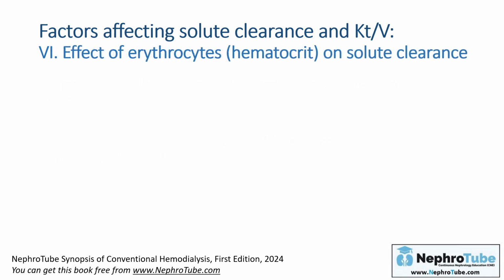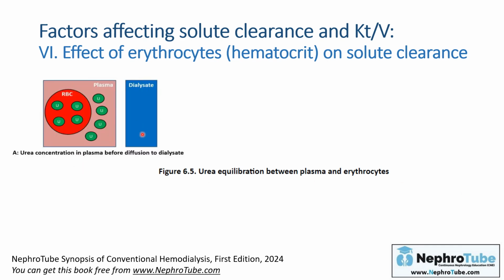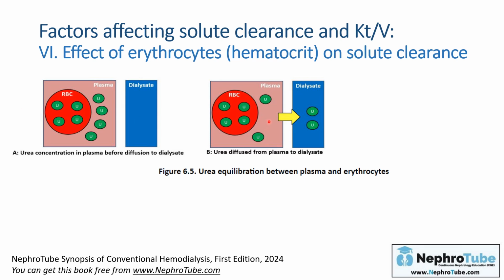The next and important point that can affect solute clearance is the effect of erythrocytes or hematocrit on solute clearance. Let's talk about urea equilibration between plasma and the erythrocyte during the hemodialysis session. If this is the dialysate, this is the plasma in the filter and RBCs in the filter. Urea moves according to concentration gradient during hemodialysis from the plasma to the dialysate.